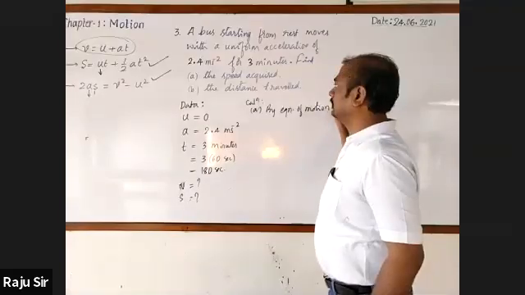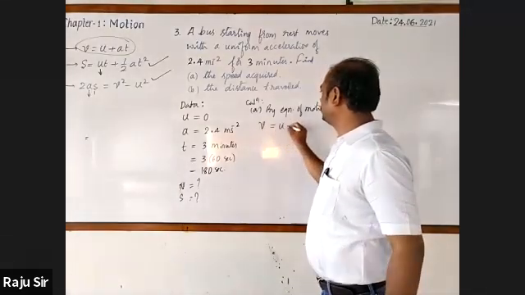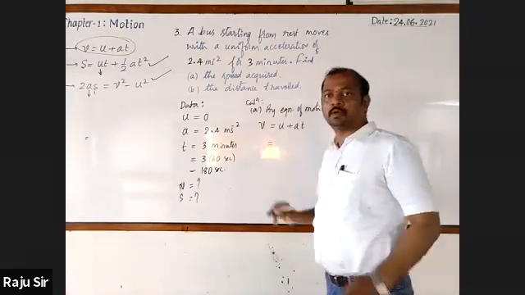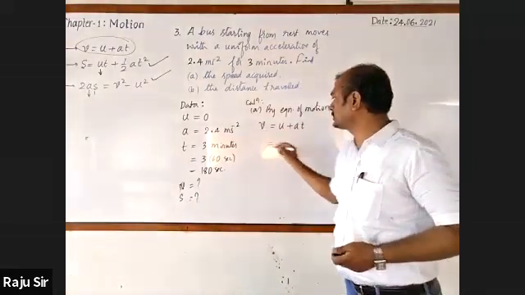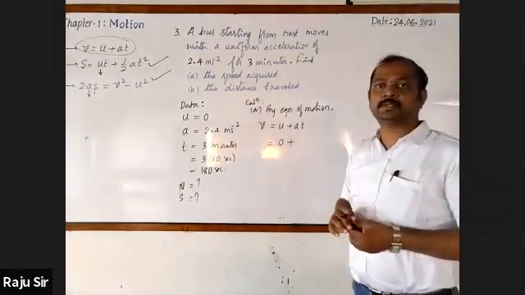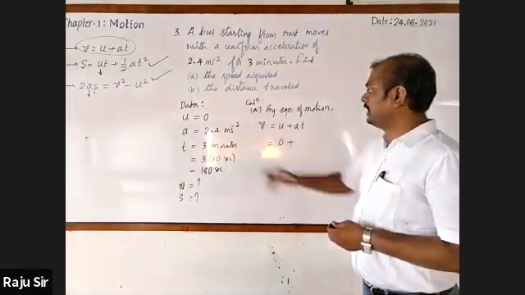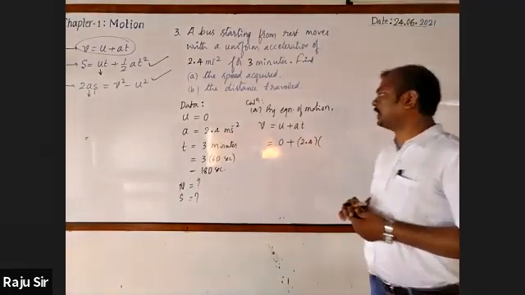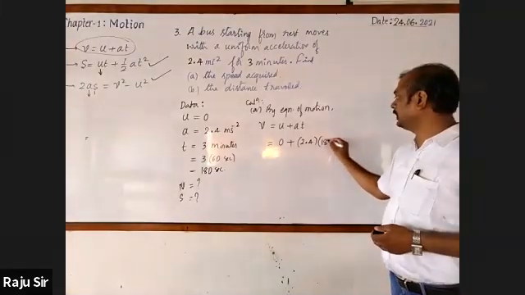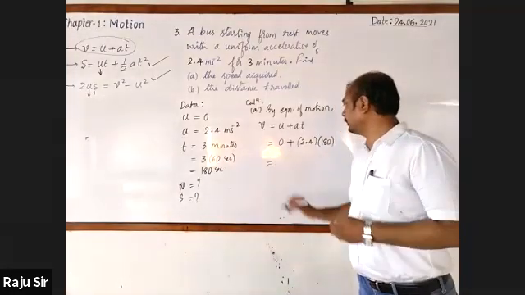By first equation of motion, that is V is equal to U plus AT. Final velocity V is unknown, but initial velocity is known. It is 0 meter per second, plus acceleration 2.4 meter per second square, and the time is 180.